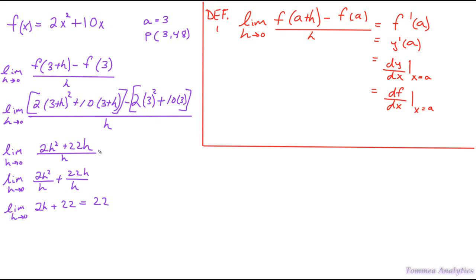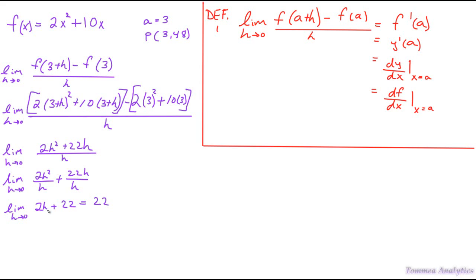Doing the algebra for all of this numerator and denominator and all the simplification, we end up with the limit as h approaches 0 of 2h plus 22. This numerator and denominator simplified is 2h plus 22. We take the limit as h approaches 0. So what that means is we let h get very, very close to 0.